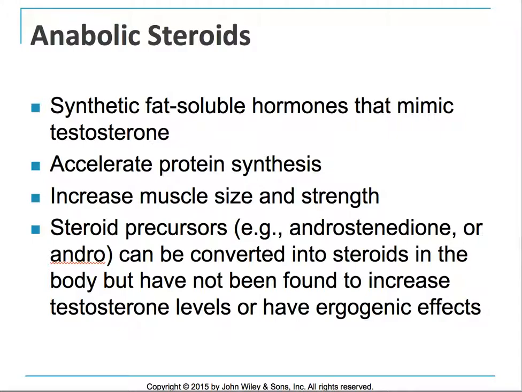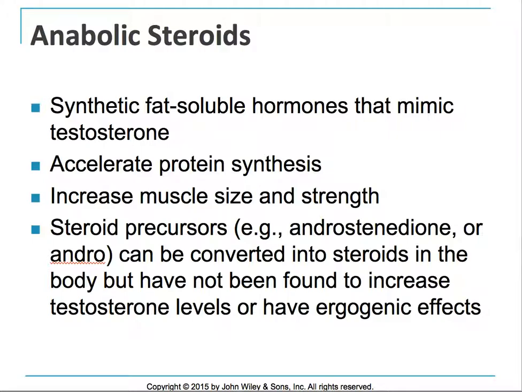Androstenedione, or andro, can be converted into steroids in the body, but has not been found to increase testosterone levels or have ergogenic effects. So obviously you're not going to have to spell or write or say a lot of these words that are pretty complicated.